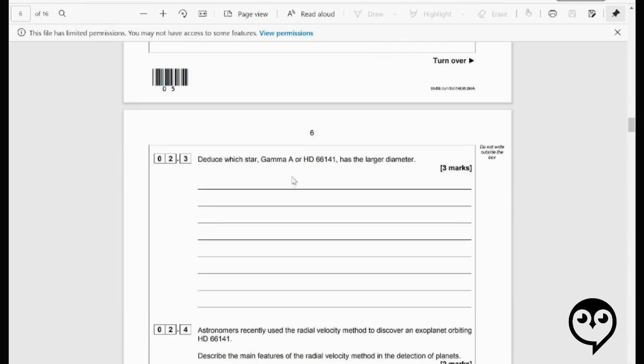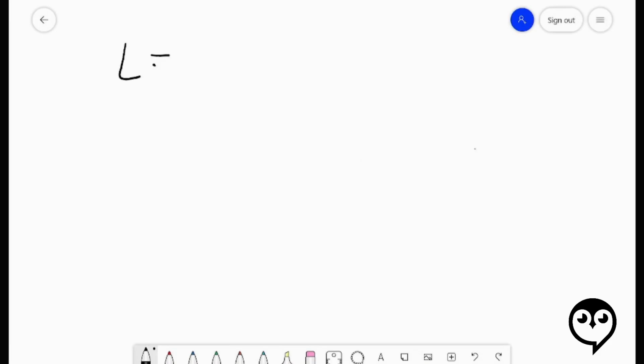Deduce which star, gamma A or HD, has the larger diameter. Right, so if you take Stefan's law, what we know is that these temperatures are going to be the same for both stars, and we know that this is a constant here.